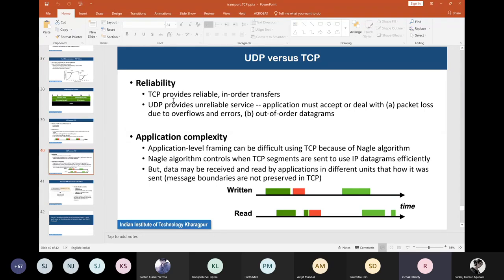Complexity of application. TCP is much more complicated. By now, I think you have understood TCP is complicated. If you have not understood that TCP is complicated, then you have not understood TCP at all.